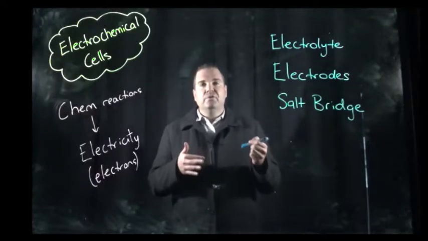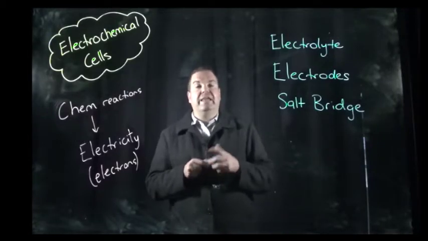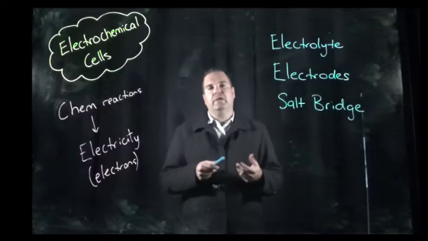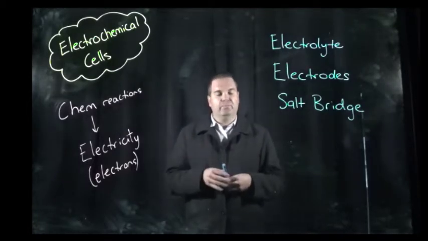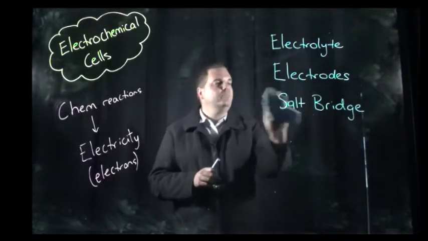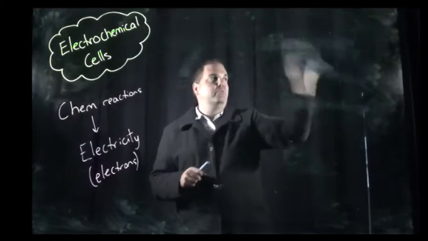Within the electrodes, we've got two types that we can be looking at: the cathode and the anode. I'm going to bring both of those in and explain, in terms of electrochemical cells, how you work out which one's the anode and the cathode. There's a couple of little acronyms which I need you to remember as well.